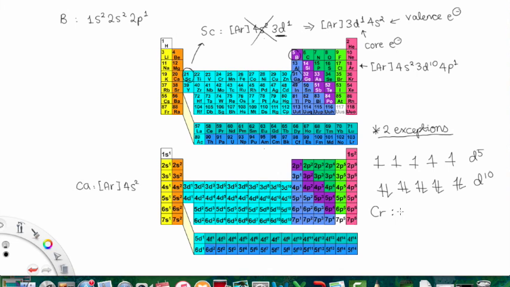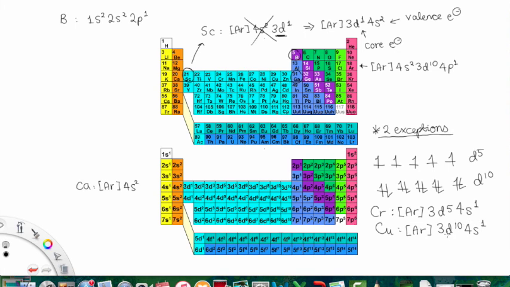In the case of chromium, when we abbreviate it, we actually write argon 3d5, and then 4s1. In the case of copper, it's going to be argon, 3d10, 4s1.